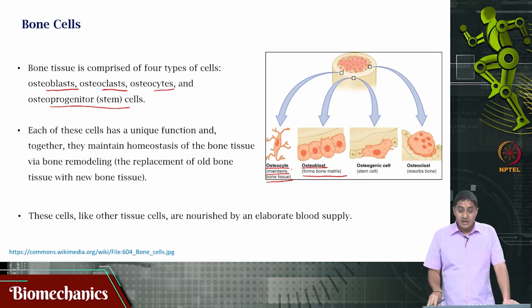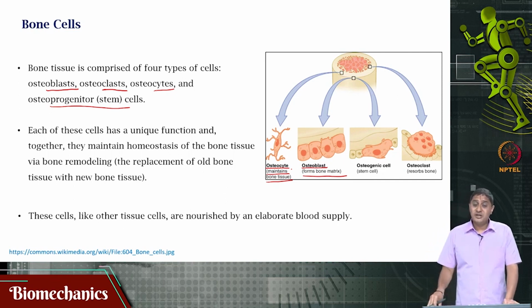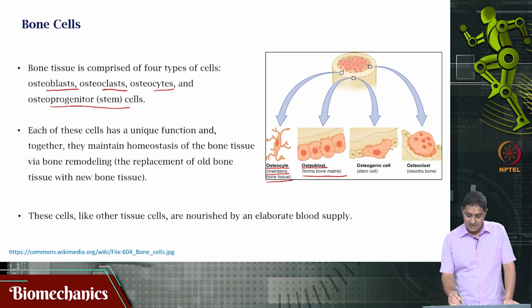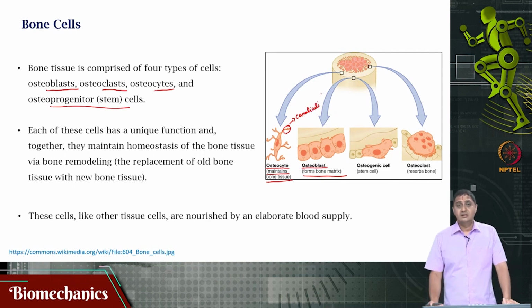Osteocytes also communicate with other cells by the branches that they have, called canaliculi, special communication channels through which they communicate with other cells.